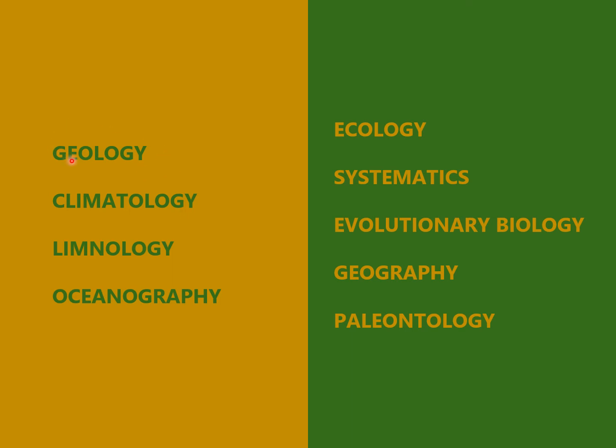So you might have to pull in information from geology or climatology or limnology, which is like aquatic lakes and things like that, or oceanography. And you're going to definitely pull in life sciences. Ecology is maybe the most closely related field to biogeography, but also systematics, evolutionary biology, definitely geography is in the name, and paleontology. So all of these things sort of combine.